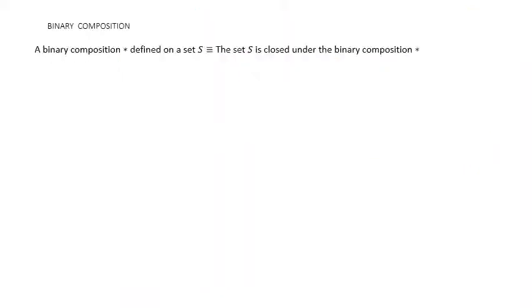দুটো স্টেটমেন্ট আমরা equivalent statement. These two statements are equivalent. A binary composition star is defined on a given set S. এই কথাটা বলার মানেও যা, এই কথাটার মানেও তাই, the set S is closed under that binary composition star.